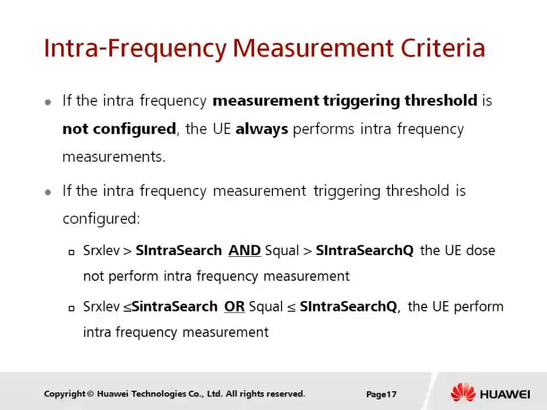That means the user will start measuring when the measured RSRP is very close to the minimum requirement. The user has detected that the measured RSRP is very close to the minimum requirement, hence the user would like to start intra-frequency measurement.